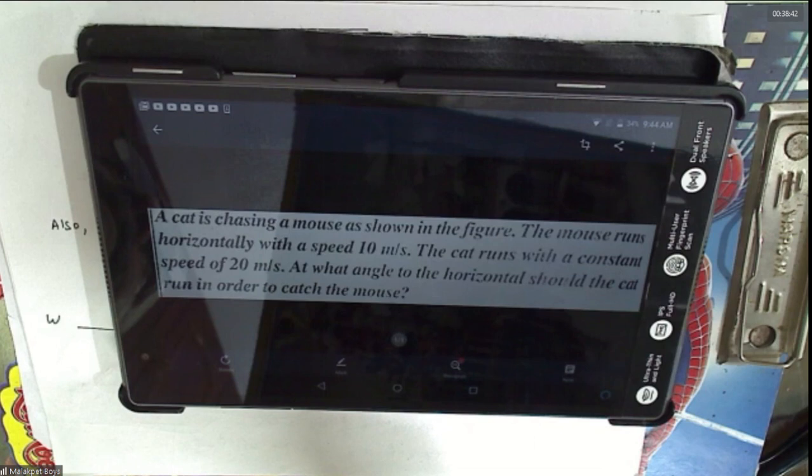See here, what he gave: the mouse is moving like this. As per the question, the mouse can move at a speed of how much? Do you agree with this? Agree.